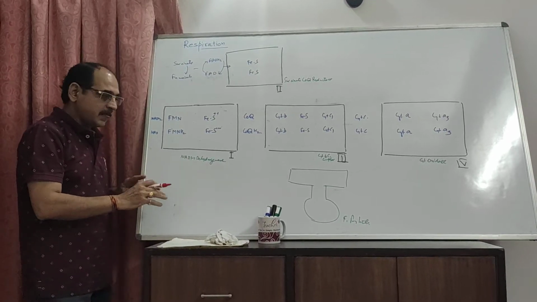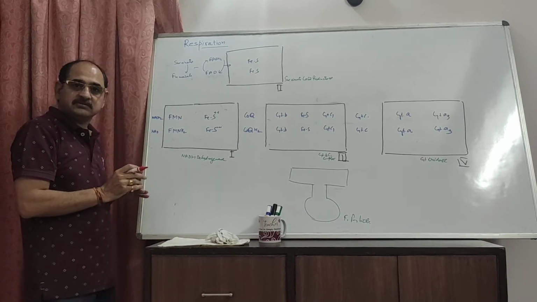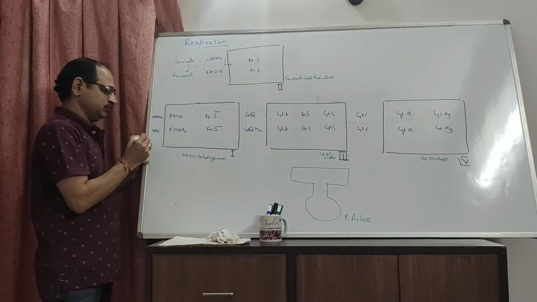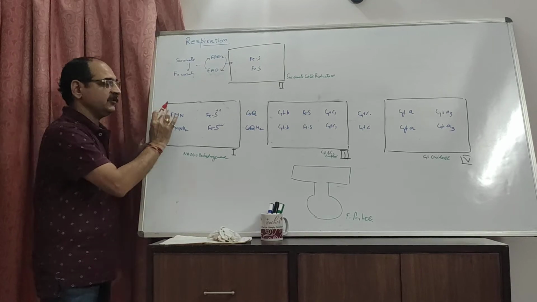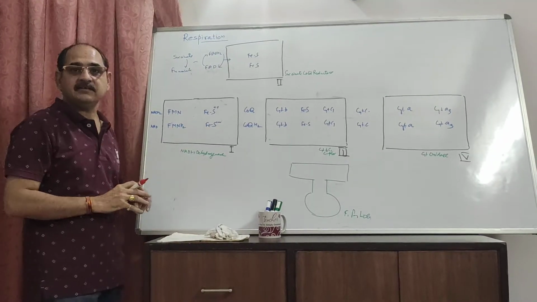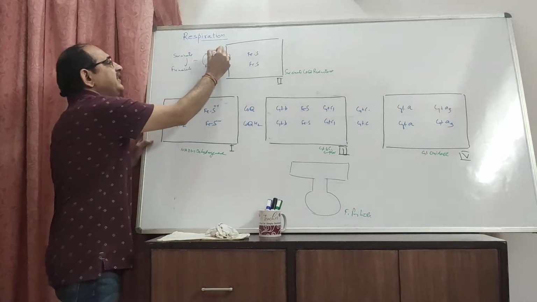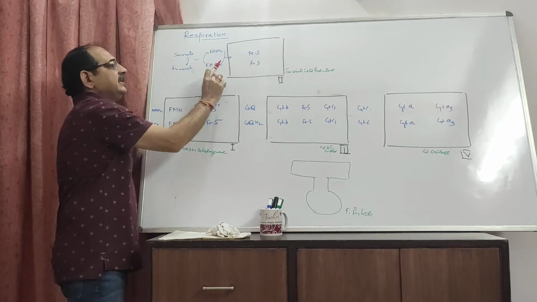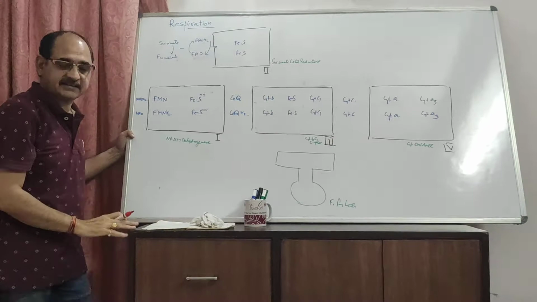Whenever hydrogen or the electrons move from NADH2, they enter into complex 1. And when the hydrogen comes from FADH2, then it enters into complex 2nd.